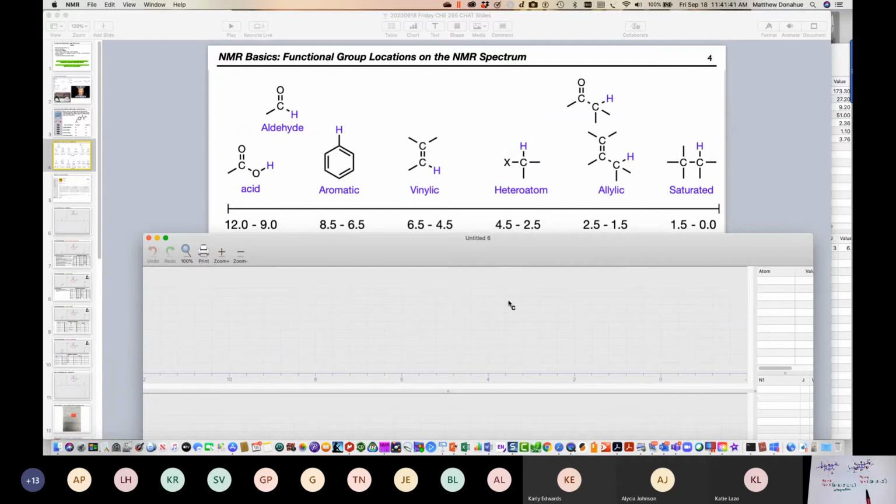So I'm going to put in what I've drawn here, and again, we're just focusing on the carbon for now. Remember how I said from 0 to 1.5, those are hydrogens bonded to fully saturated carbon. So watch what I do as I manipulate this structure.